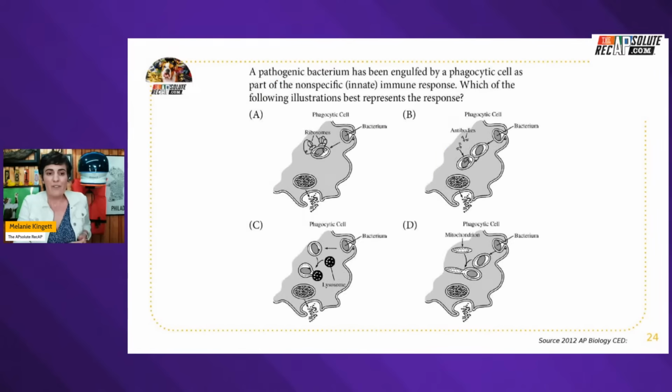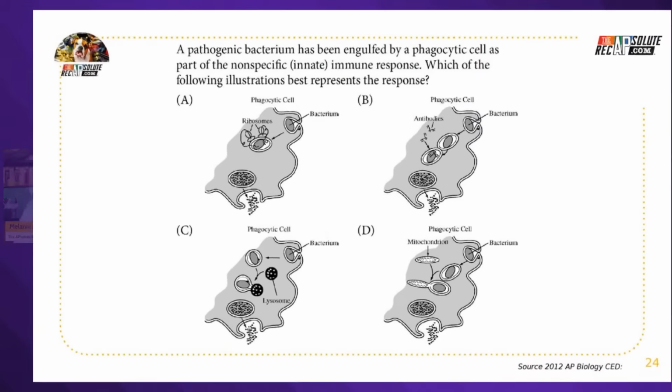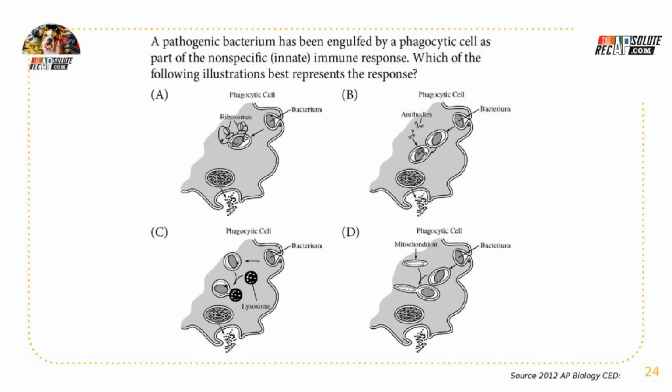Here we have a pathogenic bacteria that's been engulfed by a phagocytic cell as part of a non-specific innate immune response. Which of the following illustrations best represents the response? If I were to look at all these diagrams right off the bat, a few things I'll notice. This poor bacterium is being engulfed, some sort of pseudopods being wrapped around it.